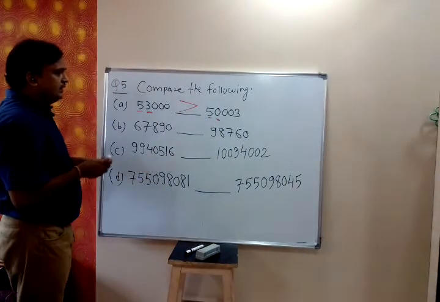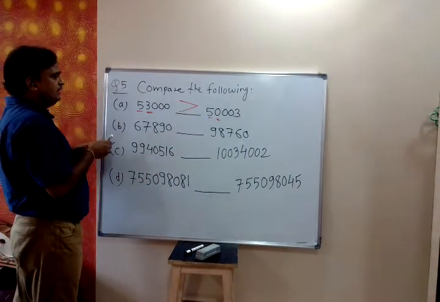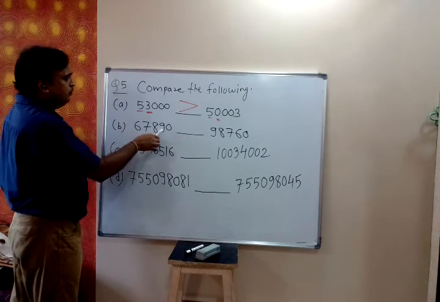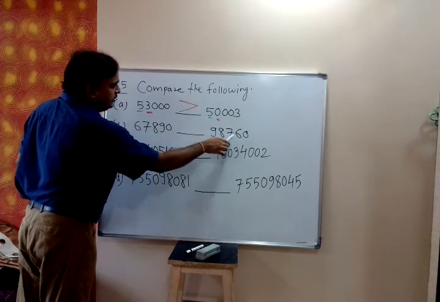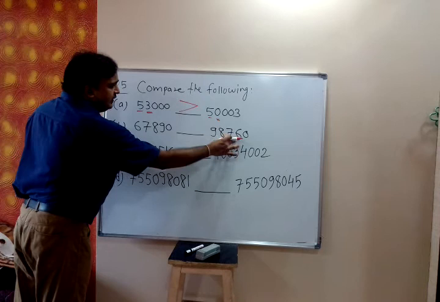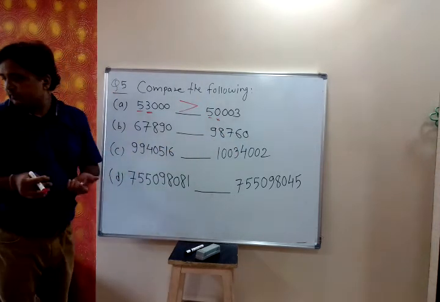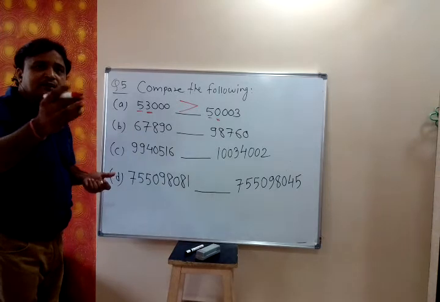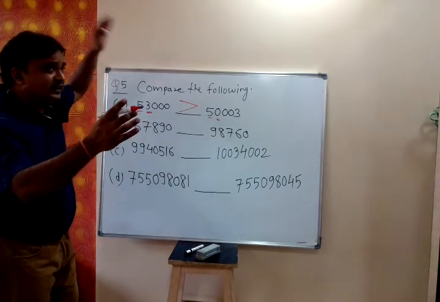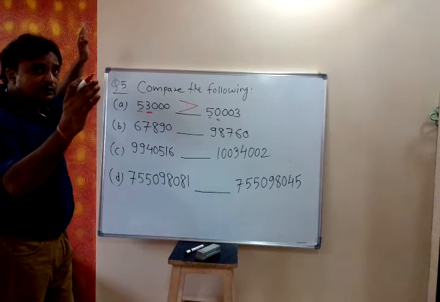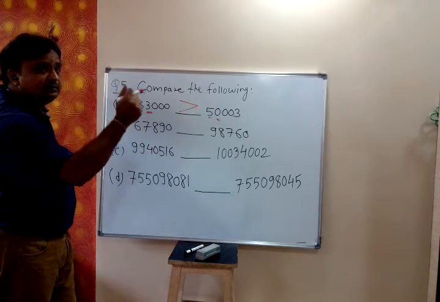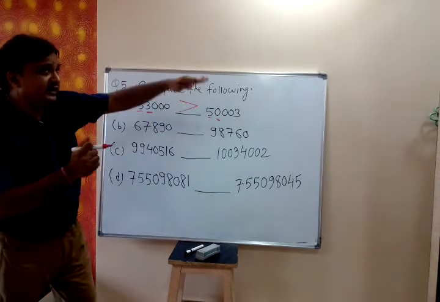Now next, we have to see how many digits are there. 1, 2, 3, 4, 5. Both are having 5 digits. So if the number of digits are same, then I will compare the digits from left side. This you remember. Don't compare the digit from right. You have to compare the digit from left side.